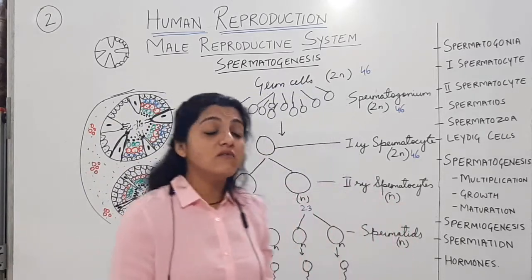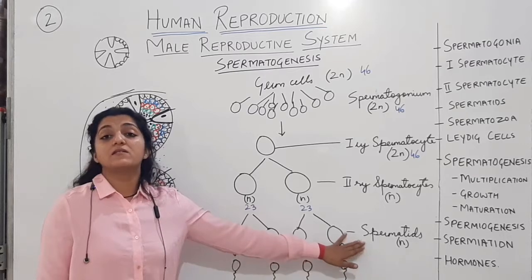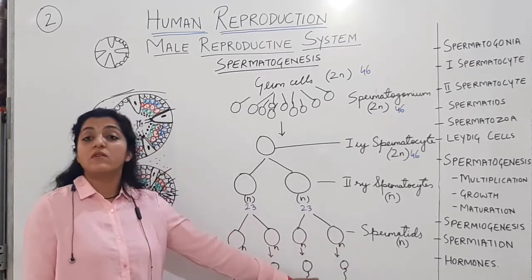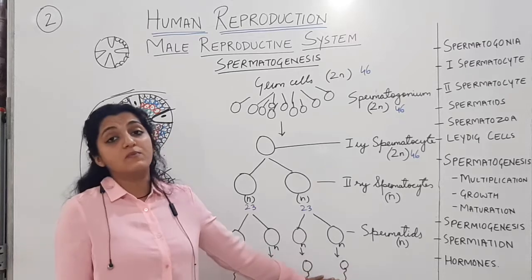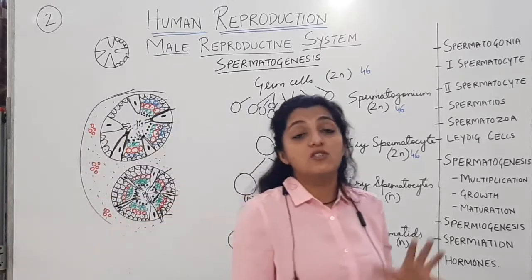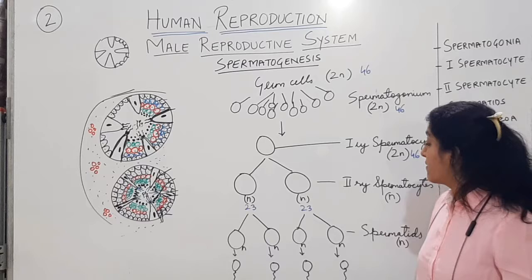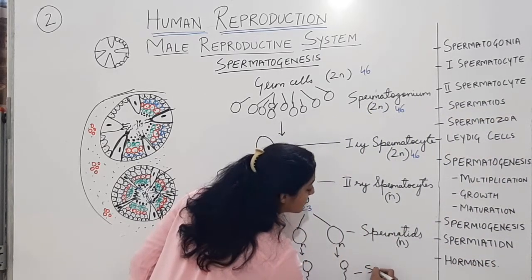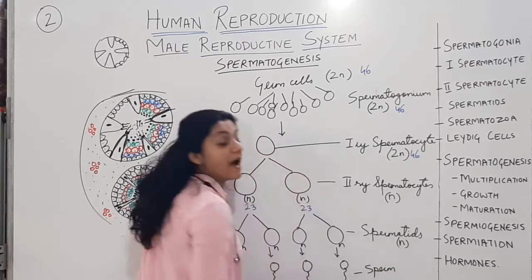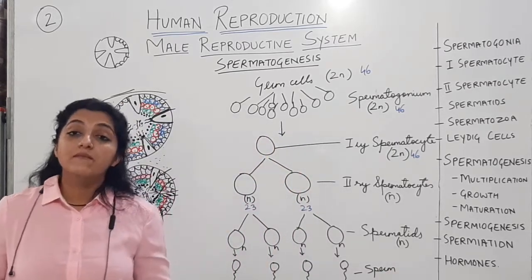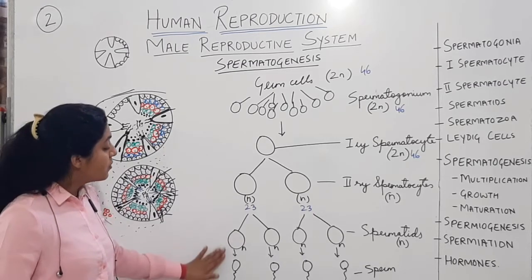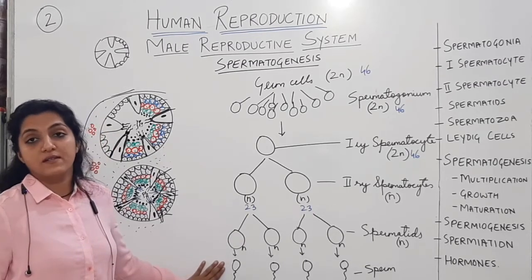Spermatid जो है वो non-functional रहता है. It is not having any movement. It undergoes this morphodifferentiation to become a functional sperm, which is having motility, which is having movement. All right. So spermatid has now become the sperm or the spermatozoa, which is the male sex gamete. ये हुआ है morphodifferentiation से.